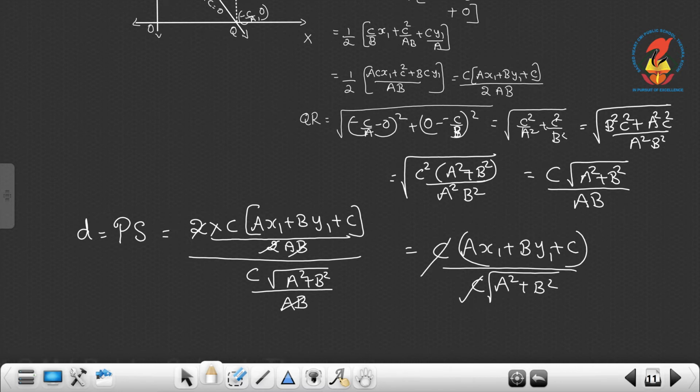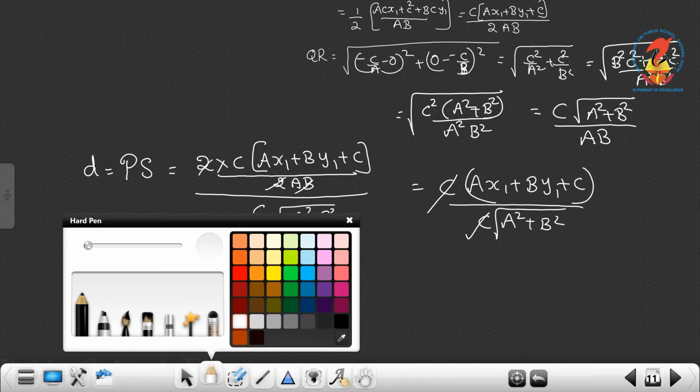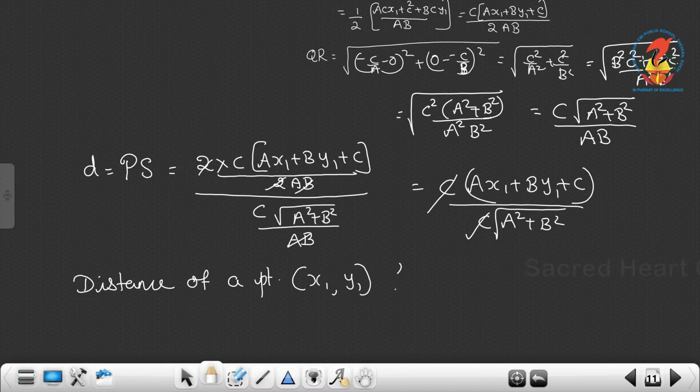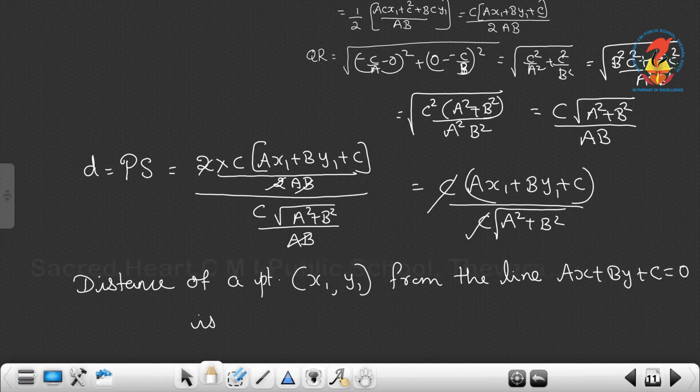So this is the formula for finding the distance from the point to the line. The distance of a point (x1, y1) from the line ax plus by plus c is equal to 0 is, since distance is always positive, you have to put the modulus symbol.